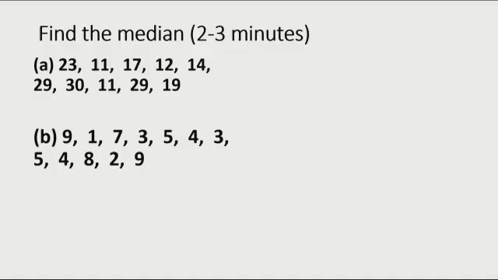So that's why it's very important to build the good habit of showing working. Show the ordering, and then you'll identify the median from the set of ordered numbers. You've got about 45 seconds left.